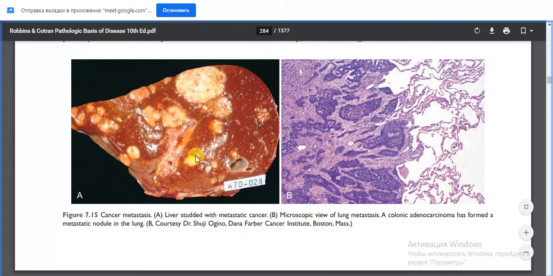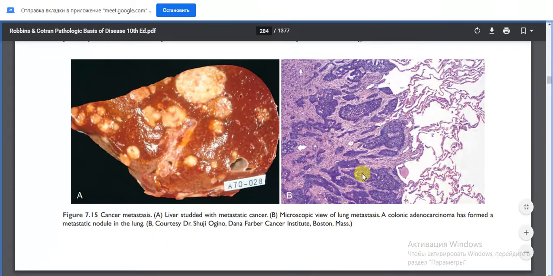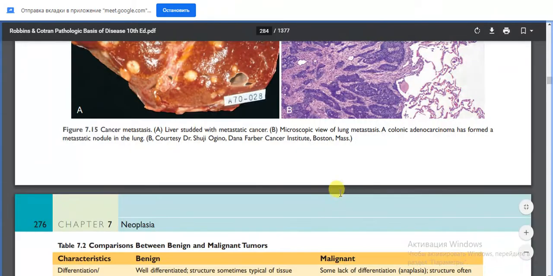So you see there will be a lot of seeds in one organ. This is the typical metastatic appearance. For example, an initial tumor of the liver would be seen as one tumor in one location, and might invade other parts in a ray-like way, spreading all over the liver. But here we see a lot of seeds. The same in the lungs: you will see a lot of colonies of metastatic tumors.